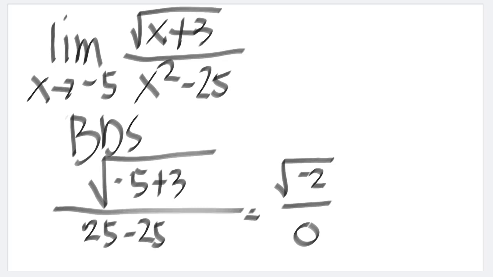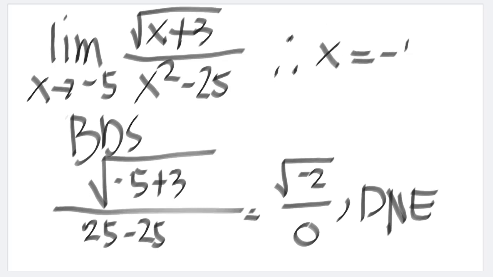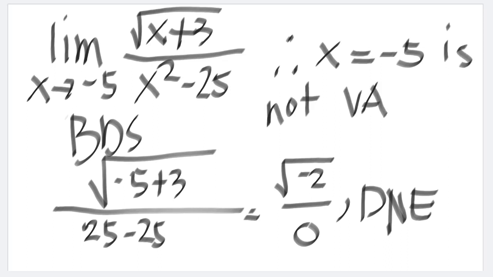So the limit of square root of x plus 3 all over x squared minus 25 as x approaches negative 5 does not exist. And therefore, x is equal to negative 5 is not a vertical asymptote, since the limit is not equal to infinity or negative infinity.